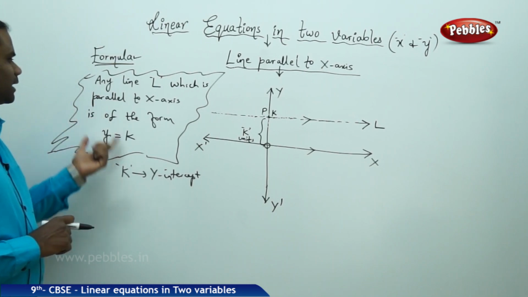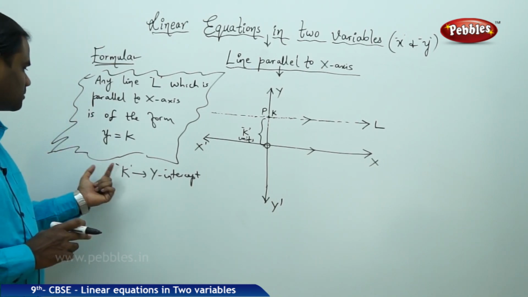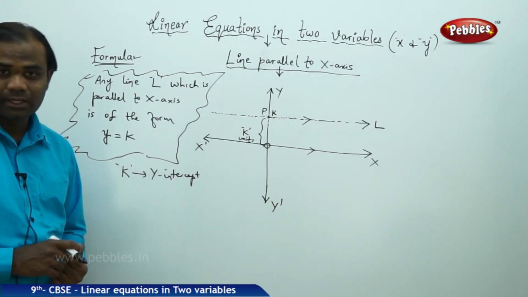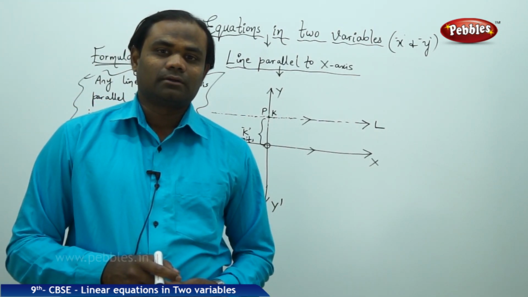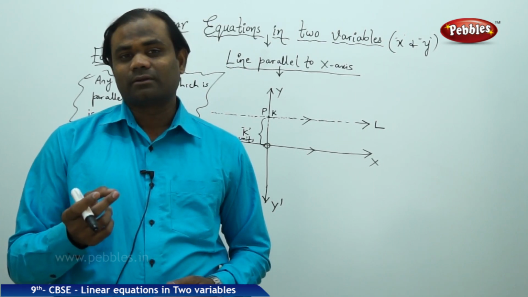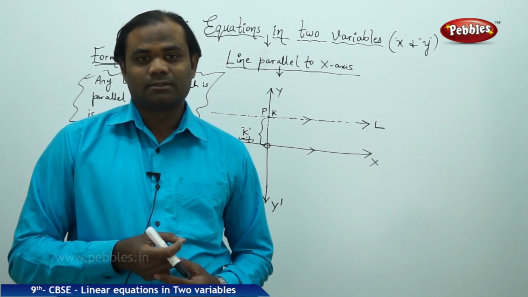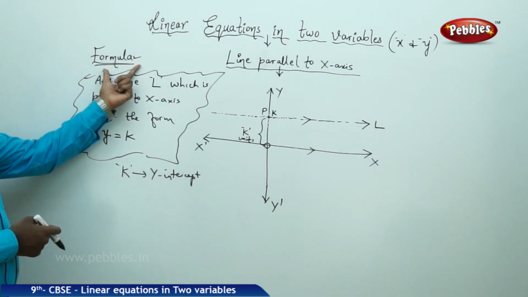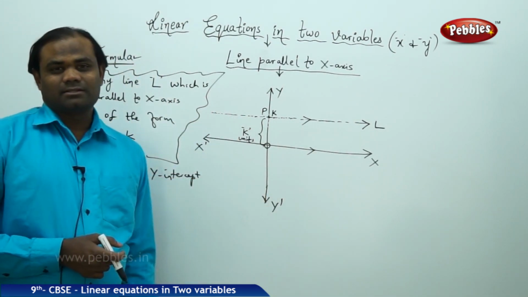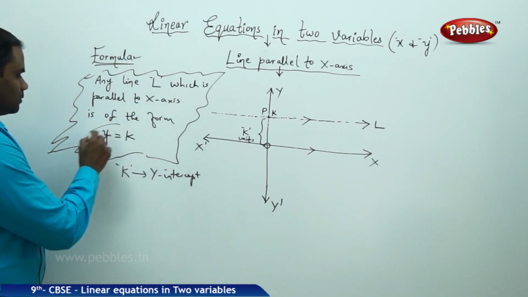Therefore, any line parallel to the x-axis must be of the form y equals k, k being the y-intercept, the point where the line cuts the y-axis. This is how we derive the formula.